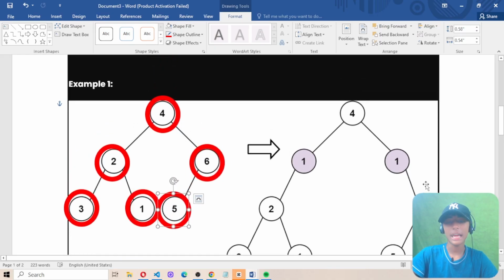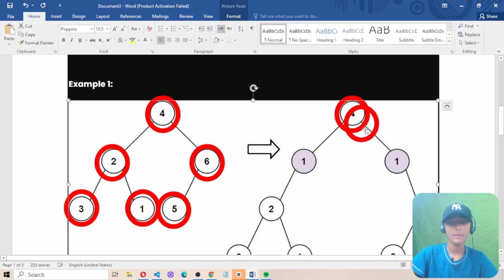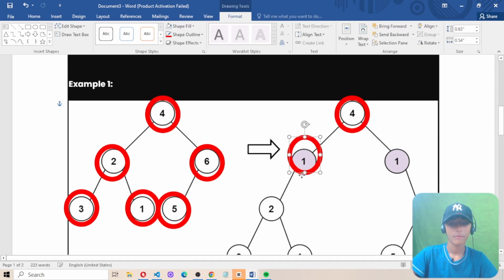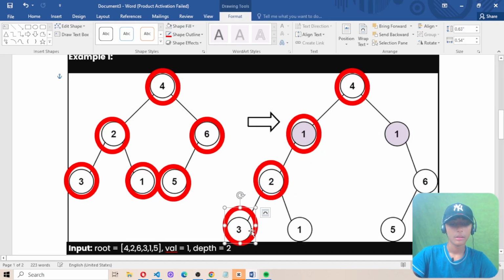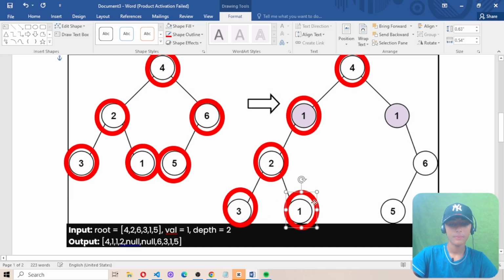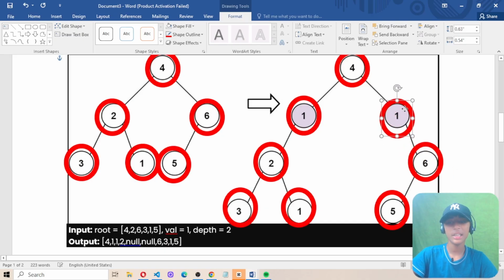And there is a second one, in which he wrote 4, then 1, and then 2, here he wrote 3 and then 1, and then he wrote 5, then 6, and then 1. It is like one tree.